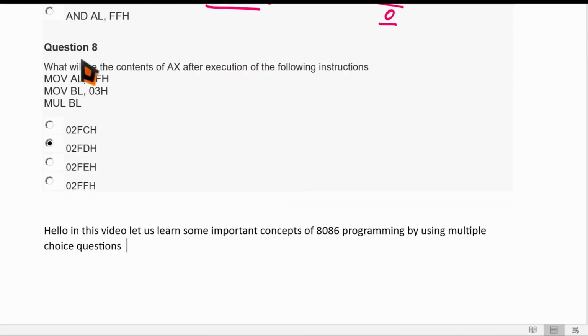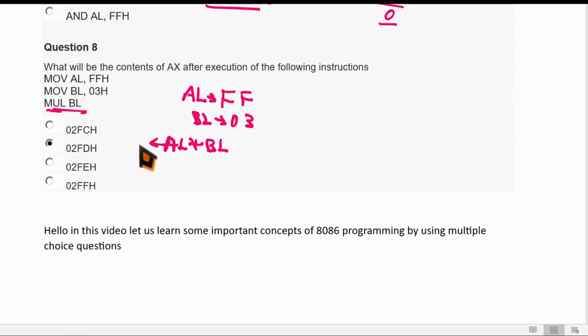Question 8. What will be the contents of AX after the execution of the following instructions? Move AL, FF. So AL has FF. Then BL has 03. Multiply BL. When you execute this instruction, AL will be multiplied with BL and the result will be stored in AX.